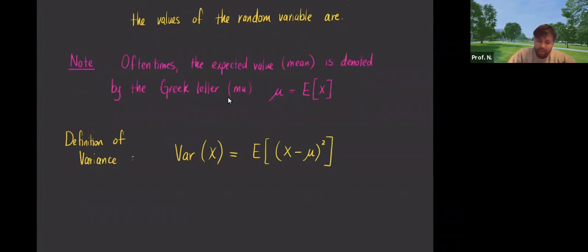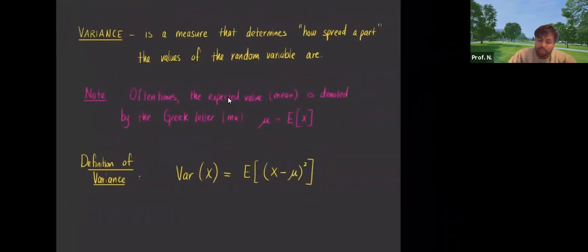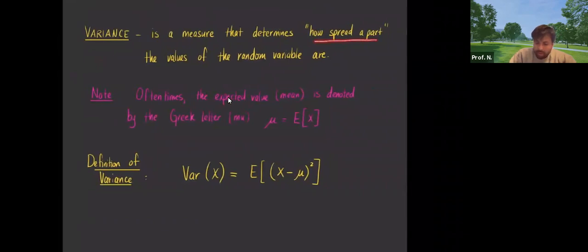So that's the variance. That's the way it's defined, mathematically speaking. When we talk about how spread apart the values are, we're referencing the mean. We're basically saying, what are all the values of x, subtract the expected value of x. So you can consider this mu as the expected value of x.